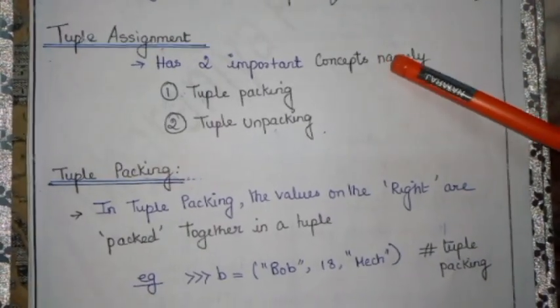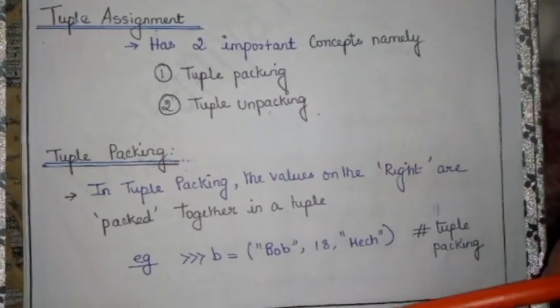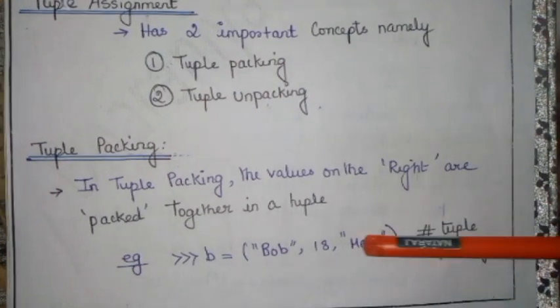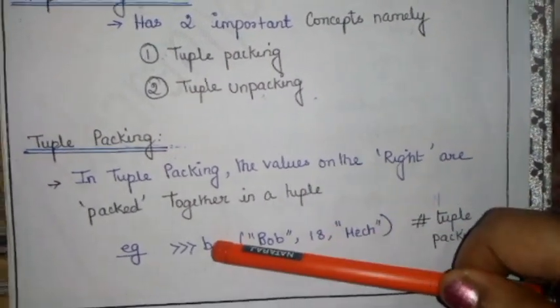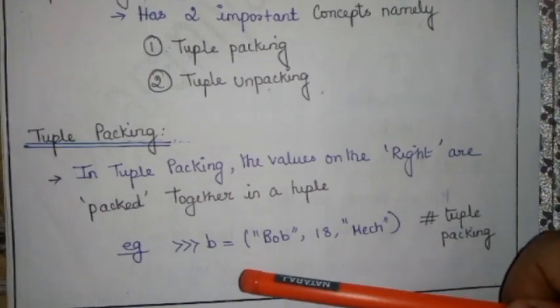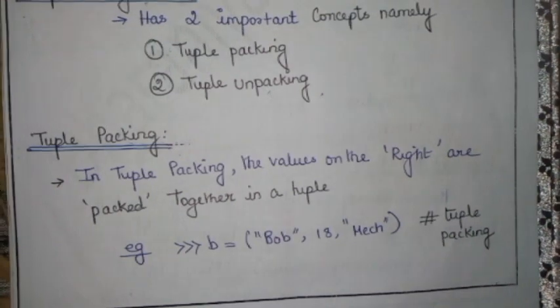Tuple assignment has two important concepts, namely tuple packing and tuple unpacking. So what is tuple packing? In tuple packing, the values on the right side are packed together in a tuple. So what is the difference you can see between a tuple and a list? The braces play the first important role.